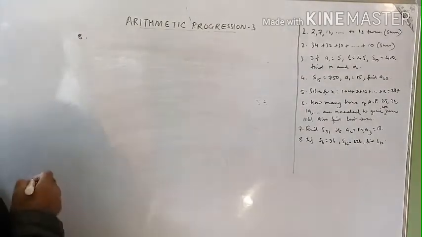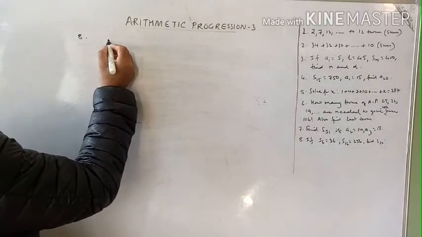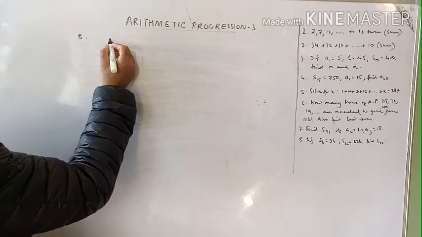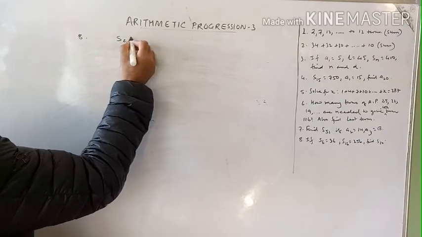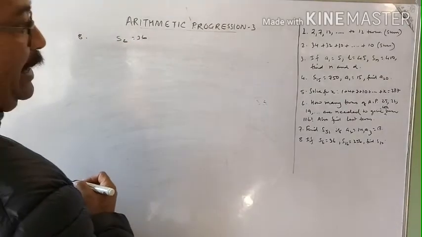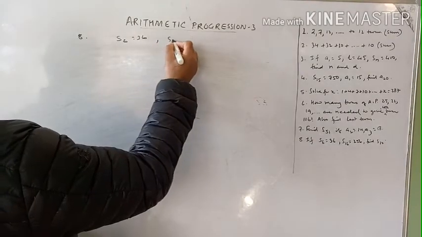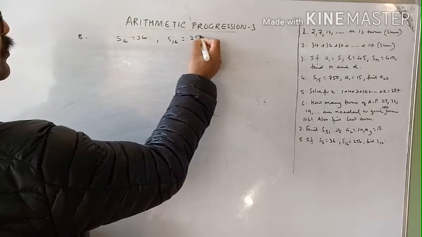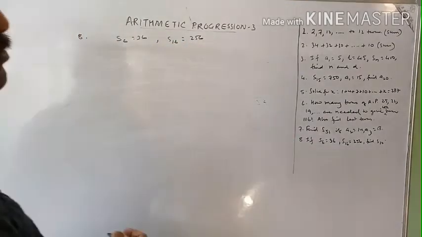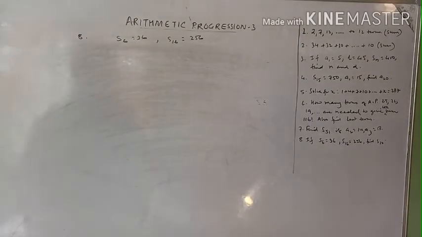Question number 8. We are given the sum of 6 terms is 36. So S6 equal to 36 and the sum of 16 terms S16 equal to 256. We have to find the sum of 10 terms.